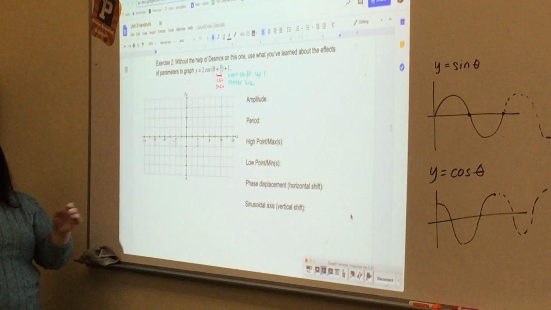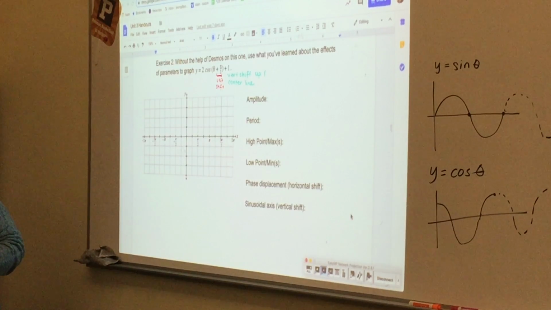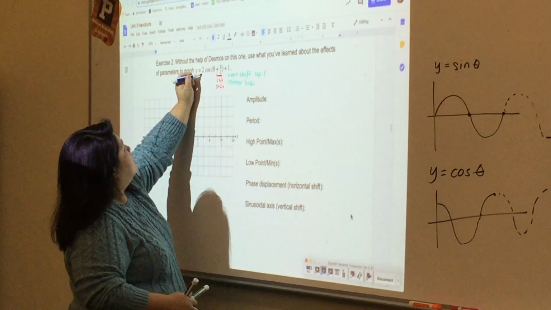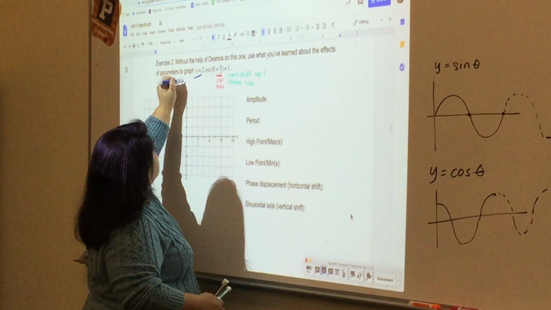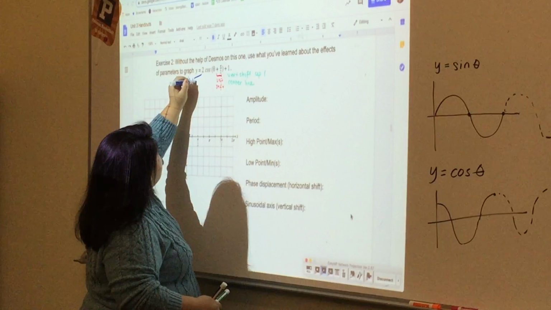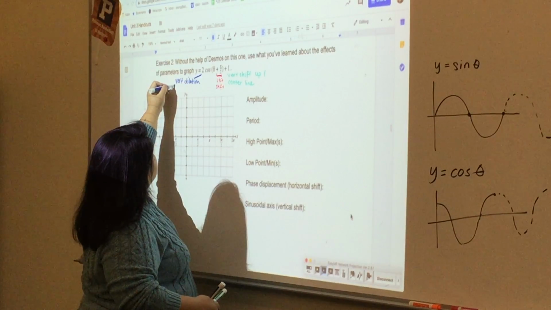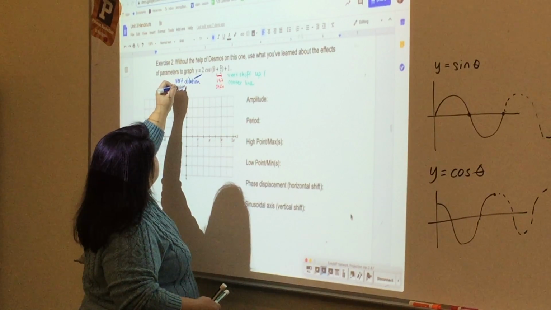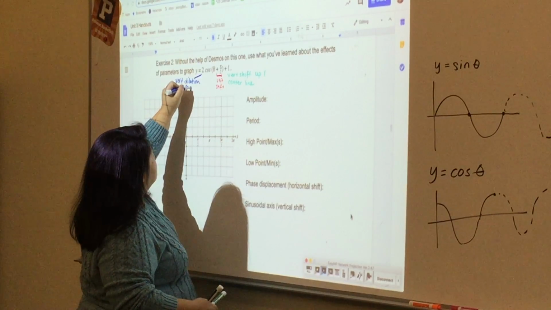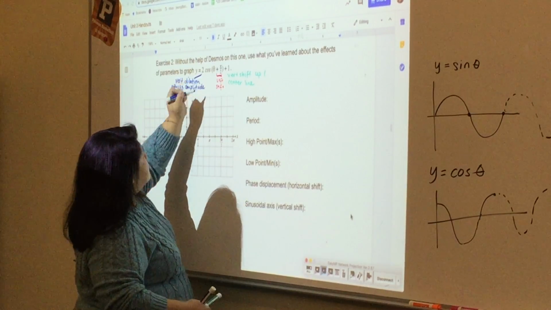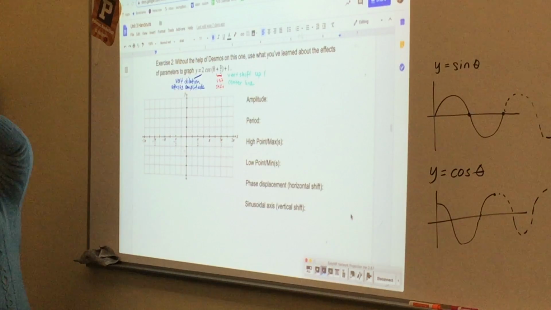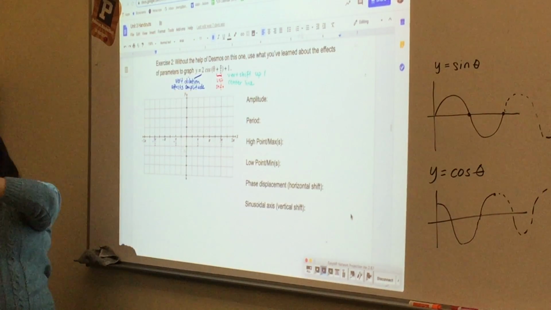And then what about the 2 in front? What kind of dilation? Vertical dilation. So it affects the what? The amplitude? No, height. The period? Not the period, it's going to make my graph taller, right?